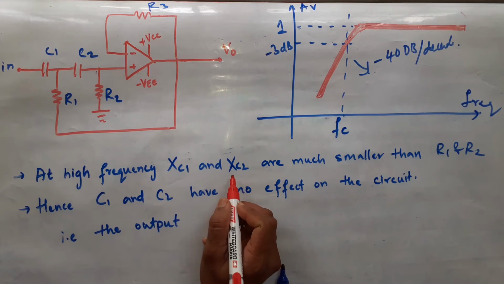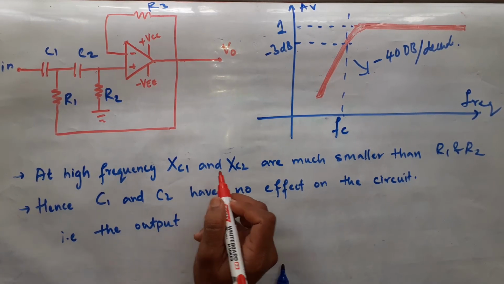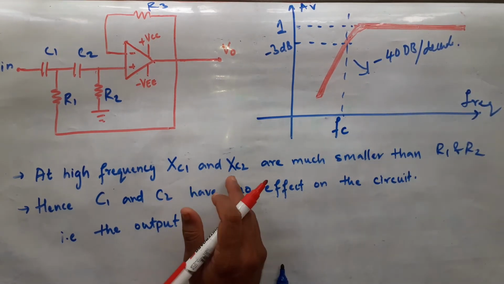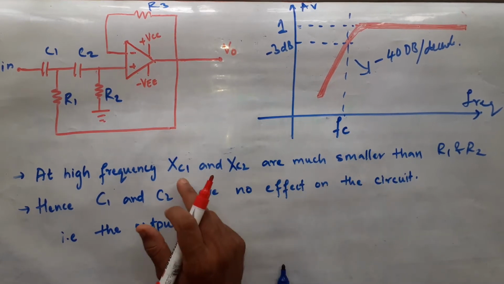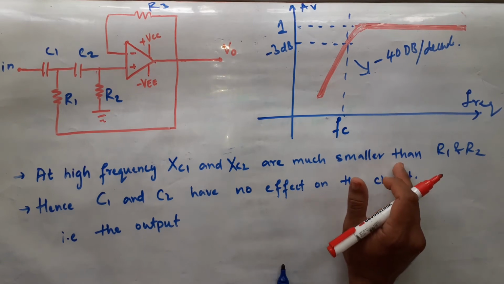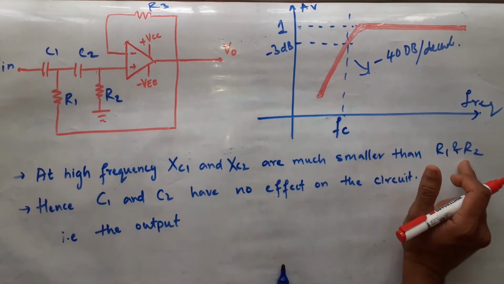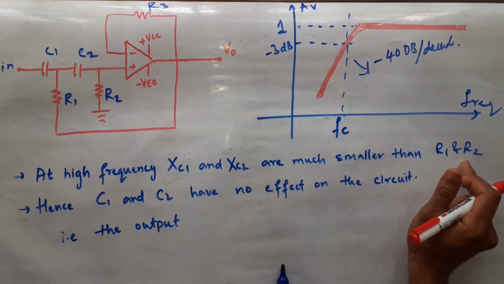We know that frequency is inversely proportional to capacitive reactance, right? So when we are at higher frequency, XC1 and XC2 will be very small. If they are small at high frequency compared with R1 and R2, then their reactance can be neglected.